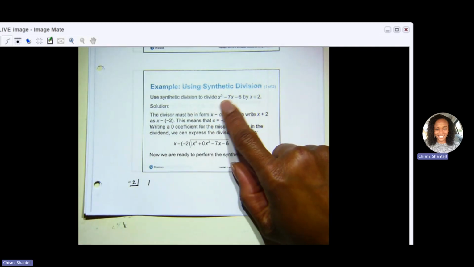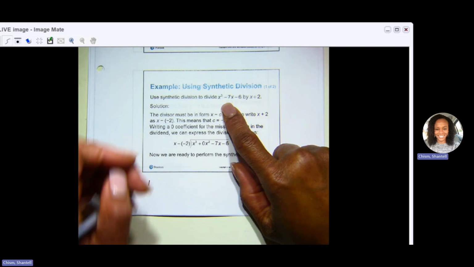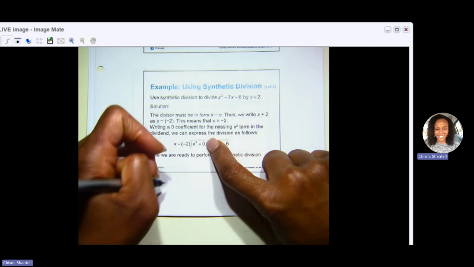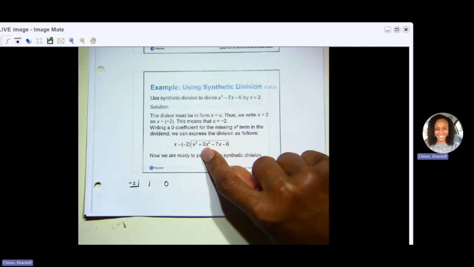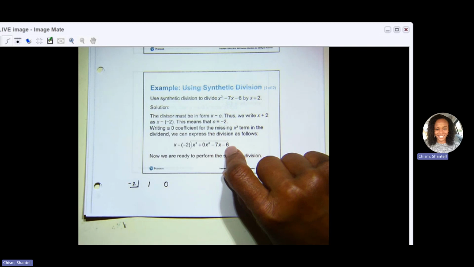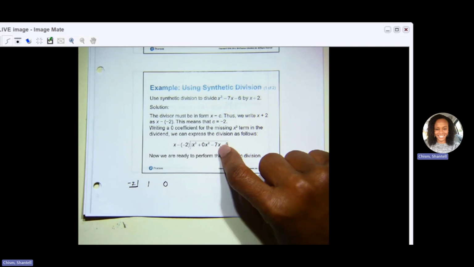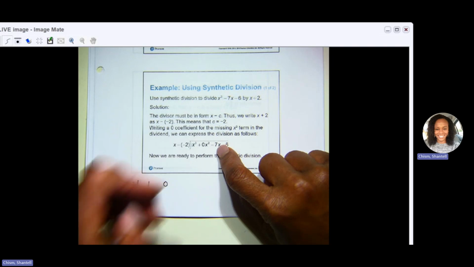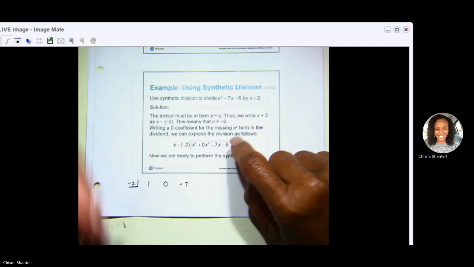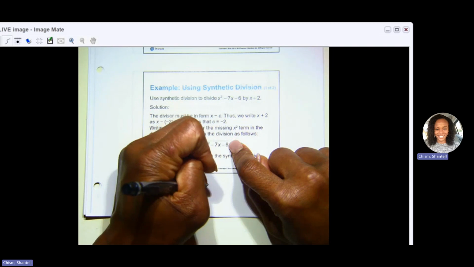Remember, it jumped from x cubed to x, so I'm missing the x squared term, so I'll have a 0. Notice that we have a 0 right there because it went from x cubed to x squared to x and then to 6, the constant. So I have to show that missing term. Then the coefficient for the x term is -7, and then I have my constant.